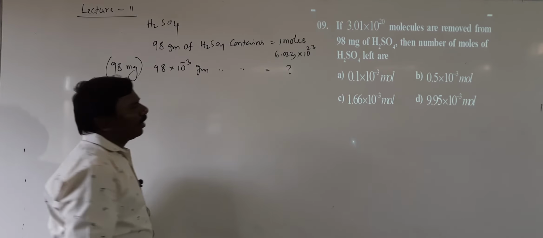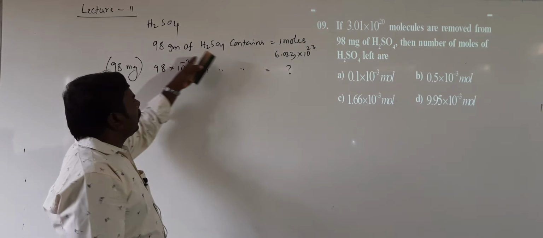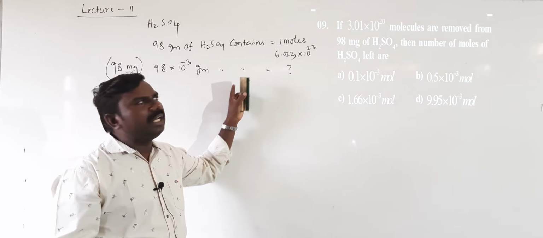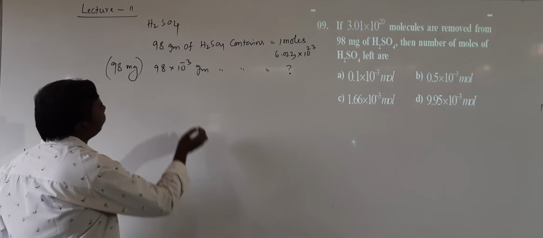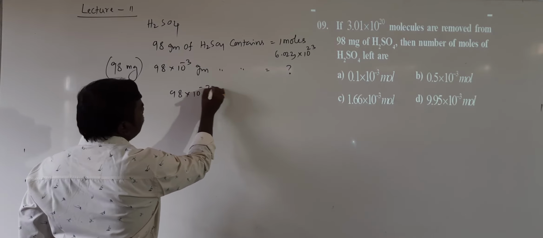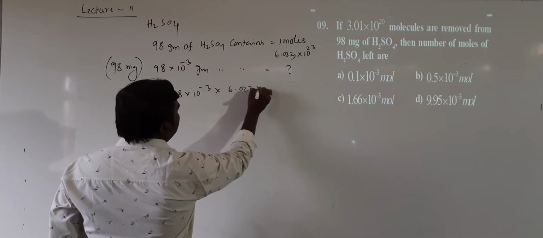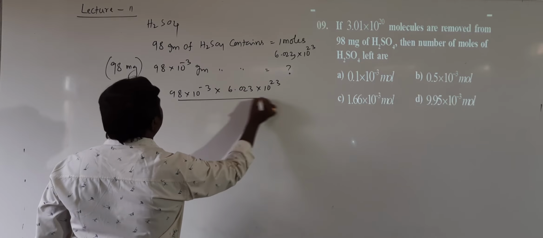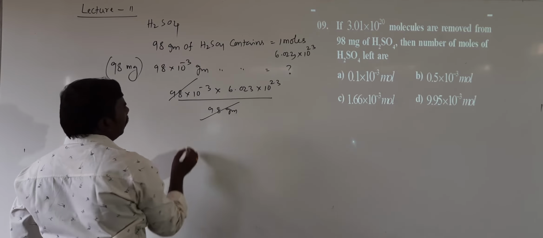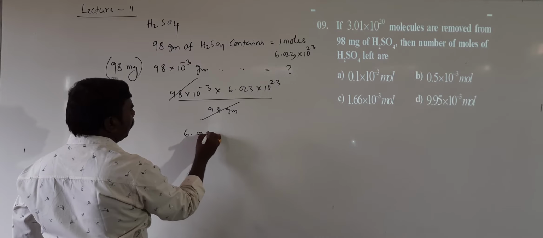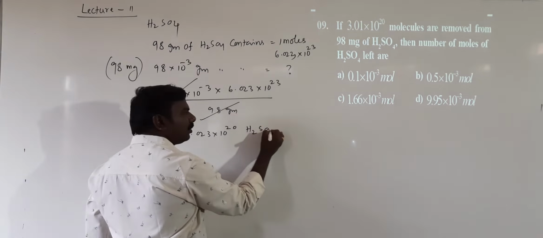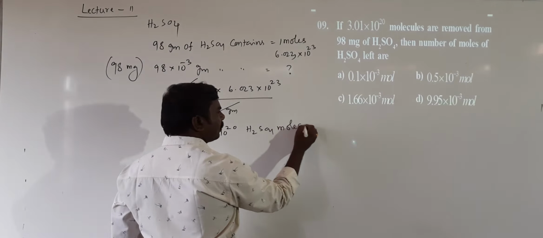It contains how many molecules? I am calculating first. So, finally 98 into 10 to the power of minus 3 into 6.023 into 10 to the power of 23 by 98 grams, it is cancelled here. 6.023 into 10 to the power of 20 H2SO4 molecules.